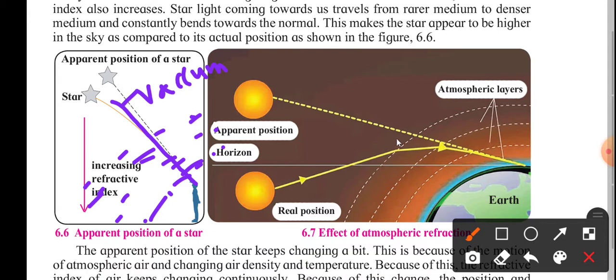The path of the light ray traveling from the star to the earth keeps changing, because the refractive index changes for the different layers of air above the earth's surface. Due to that, the appearance of the star seems to be shaking and twinkling, because the refractive index changes the path of the light continuously.